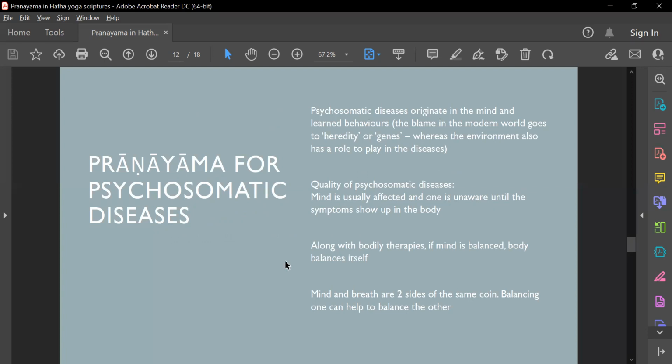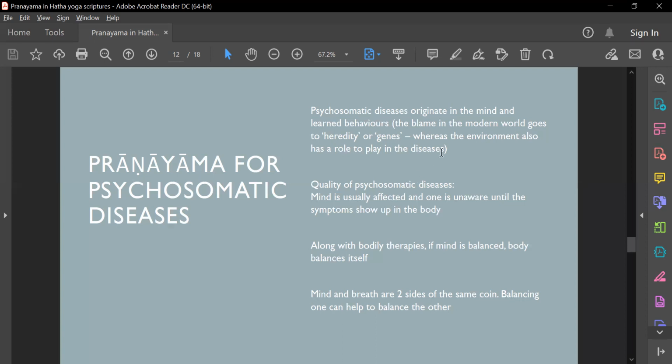So if the parents have a tendency to eat a lot of sweet junk food, the children also habitually eat a lot of junk food. And then when the children also acquire these so-called hereditary diseases like type 2 diabetes, it's actually more of a learned behavior than hereditary or genes.